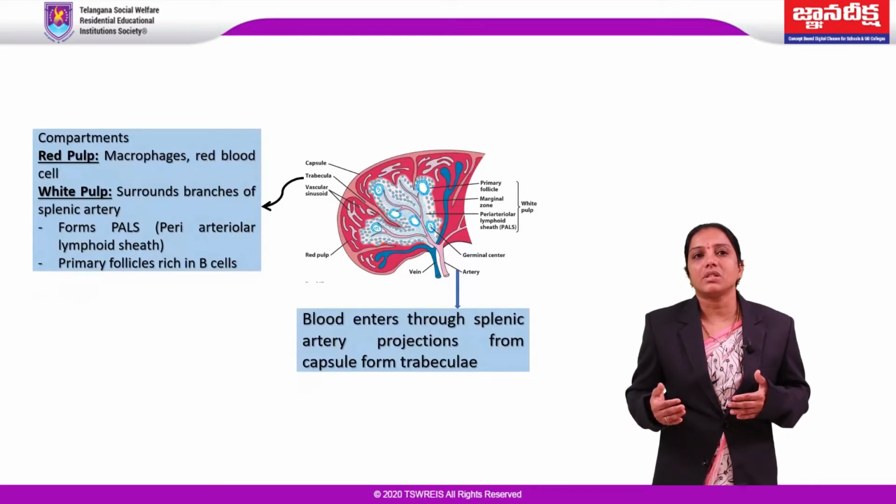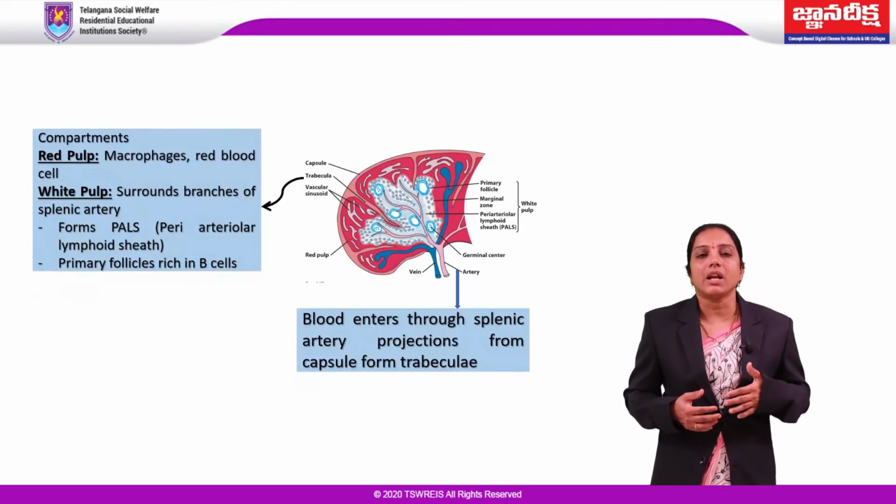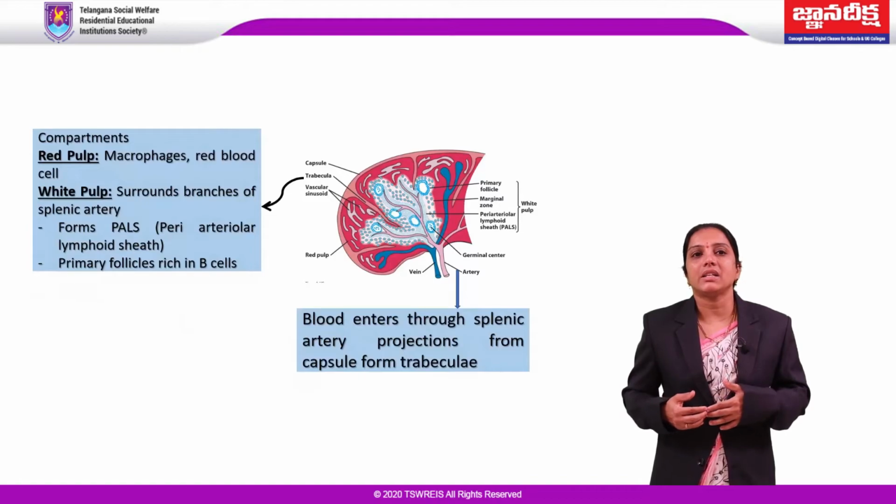White pulp surrounds the branches of the splenic artery and forms a structure called PALS, that is periarteriolar lymphoid sheath. The spleen also has primary follicles which are rich in B lymphocytes. The functioning of the spleen starts when blood with an antigen enters through the splenic artery into the spleen.